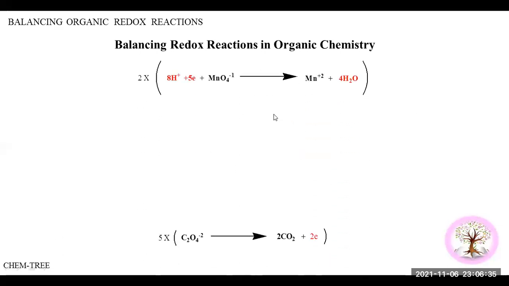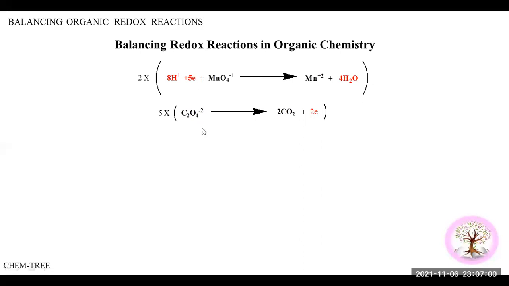Before adding up these two equations, you have to multiply the oxidation half reaction with 5 and the reduction half reaction with 2, because there are 2 electrons in one and 5 electrons in the other.